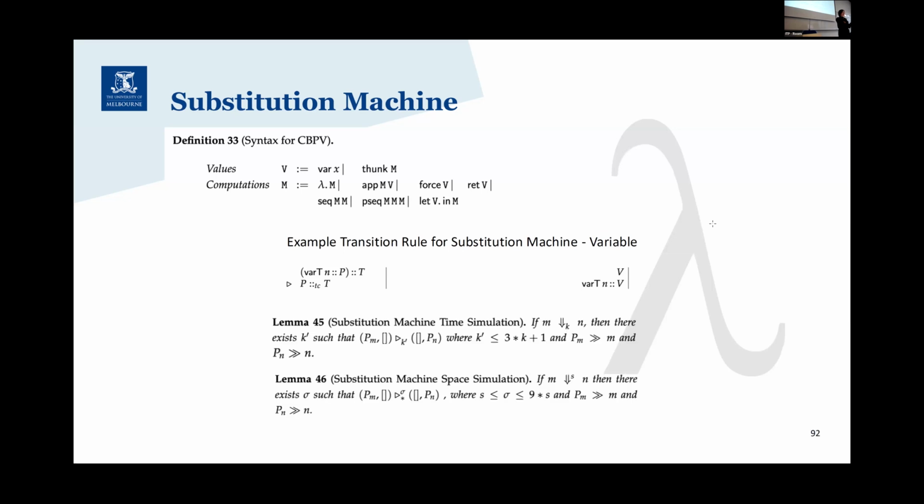And we rolled out all the transition rules for the other cases as well. I'm not going to go through every single case here, but after that, we proved that this substitution machine can in fact simulate call by push value with the desired time and space bound.